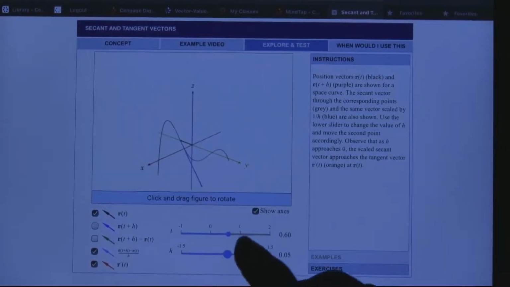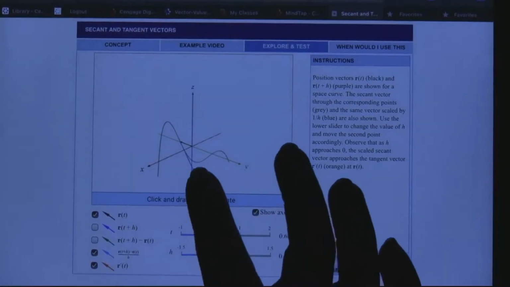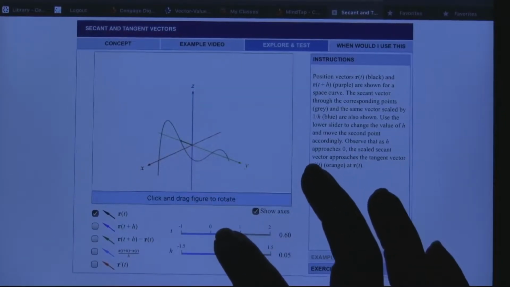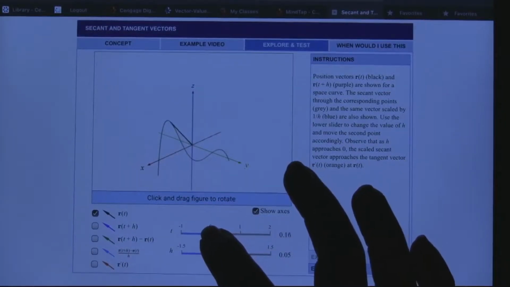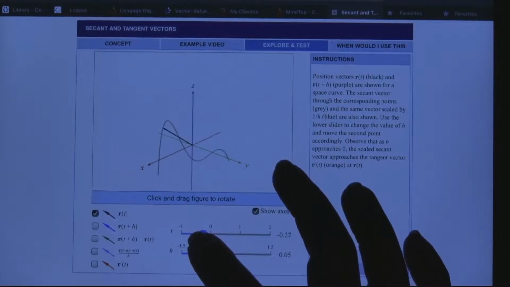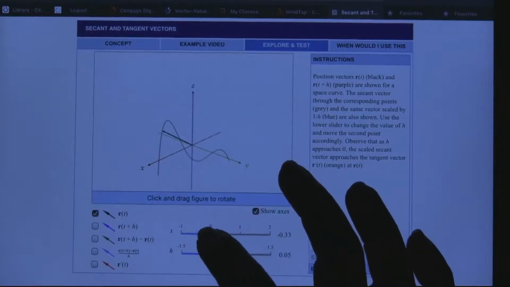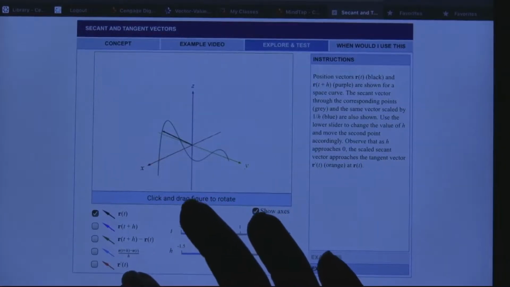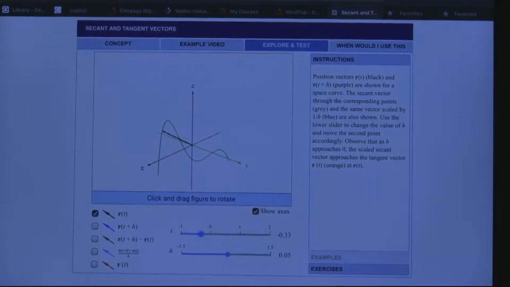Okay, so you can just go on here and explore. The vector R is in black, and it's going to be outlining the curve. If I move it around for different values of t, you can see that the vector R is pointing to the curve at a certain point. If I turn on the R prime, that's the derivative, that's the slope at that point of the curve.